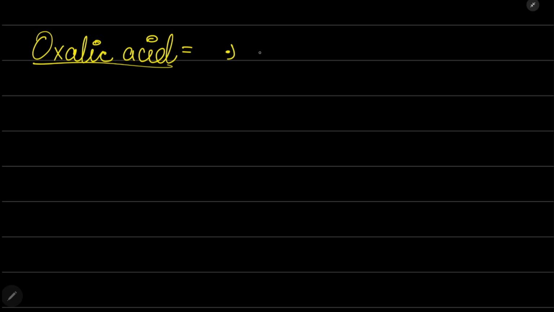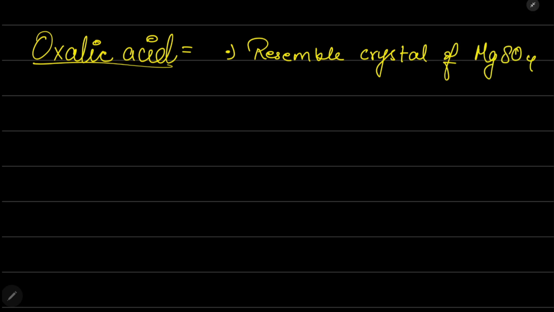Now last but not least is oxalic acid. It is in crystal form, which resembles crystals of magnesium sulfate. It is generally used in bleach and in brass and copper factories to clean them.